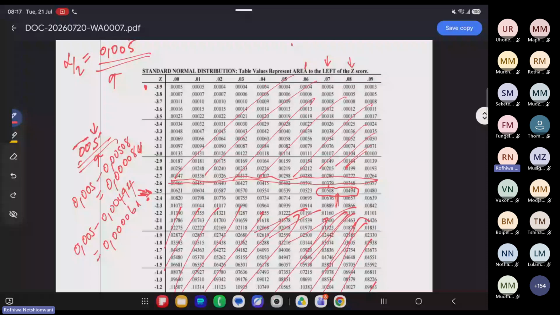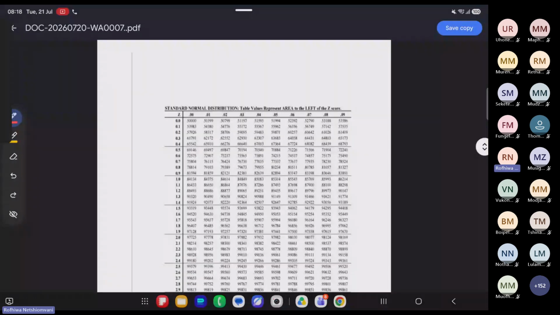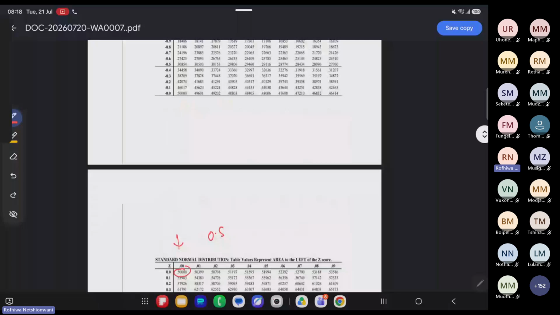Since we're looking for 0.005, we need to look for it in the two tables, the one for negative and the one for positive. The positive one starts from 0.5. Any value above 0.5, you can find in the positive. Any value below 0.5, we have to find in this one.